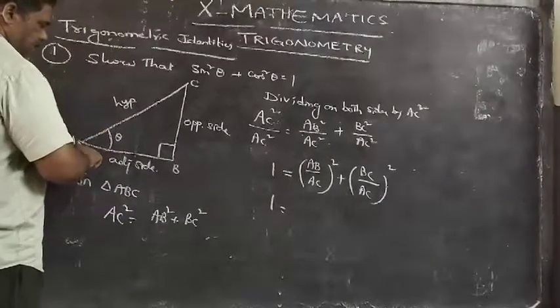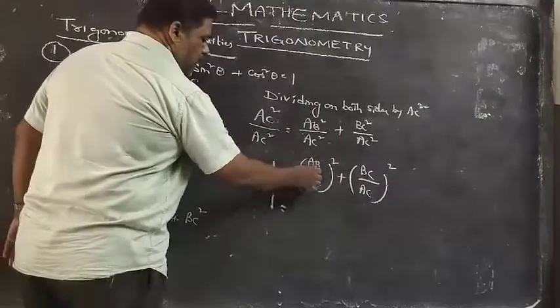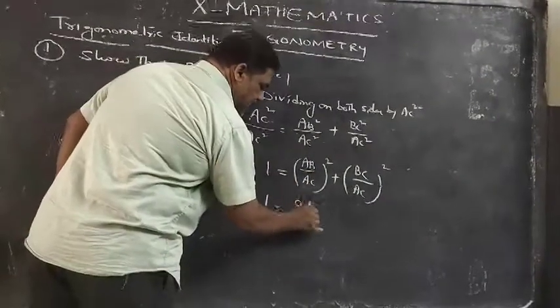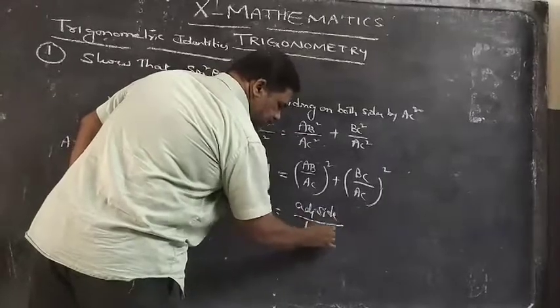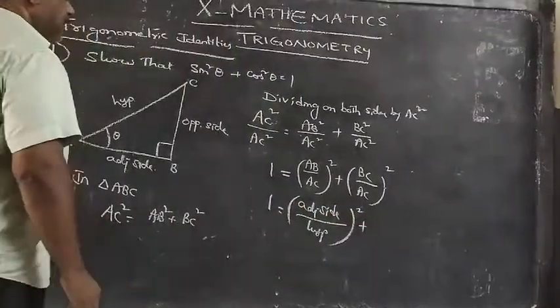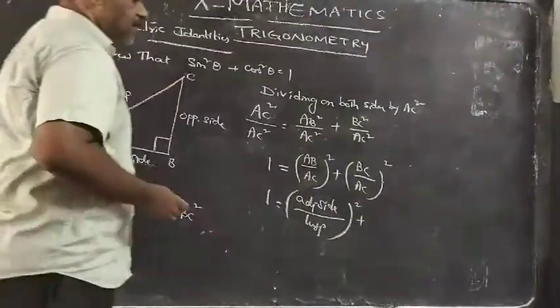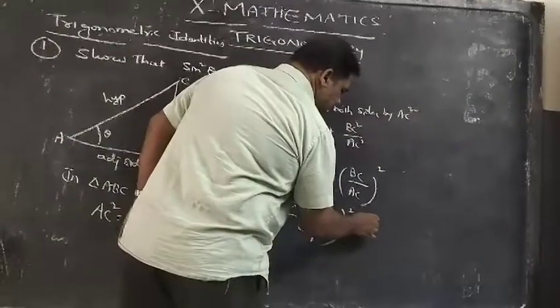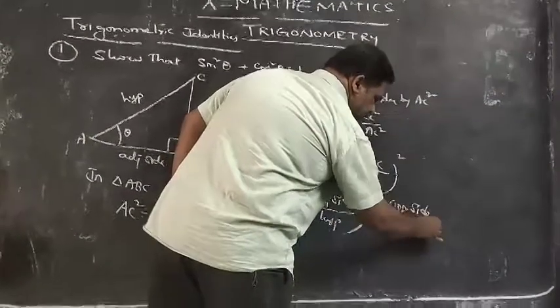AB is adjacent side, AC is hypotenuse. So AB by AC means adjacent side by hypotenuse. BC by AC, BC is the opposite side, AC is hypotenuse. So BC by AC means opposite side by hypotenuse.